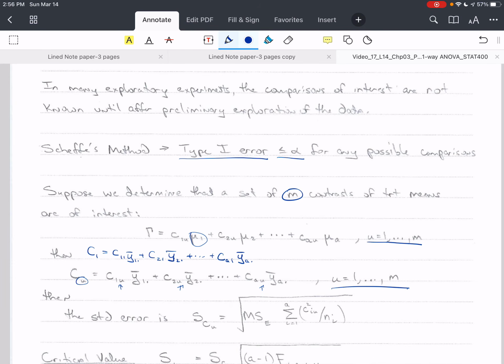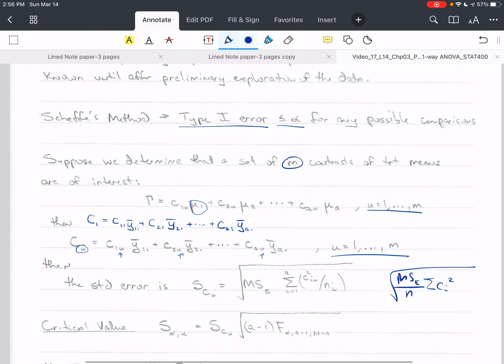The standard error of S sub C sub u is going to be the square root of the MSE. And this is if we don't have equal sample sizes. Remember, for equal sample sizes it was MSE over n times the sum of c_i squared. And for unequal sample sizes, it was the square root of MSE times the sum of c_i squared over n_i.